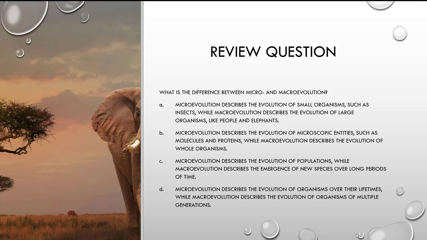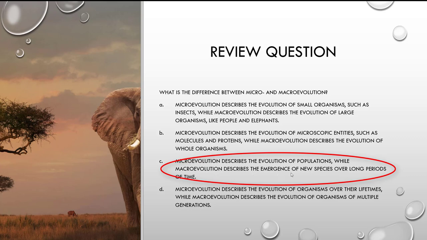If you said C, microevolution describes the evolution of populations, while macroevolution describes the emergence of new species, I would agree with you. Okay, so remember micro, that's at the micro level, so looking at populations, how they change over time.